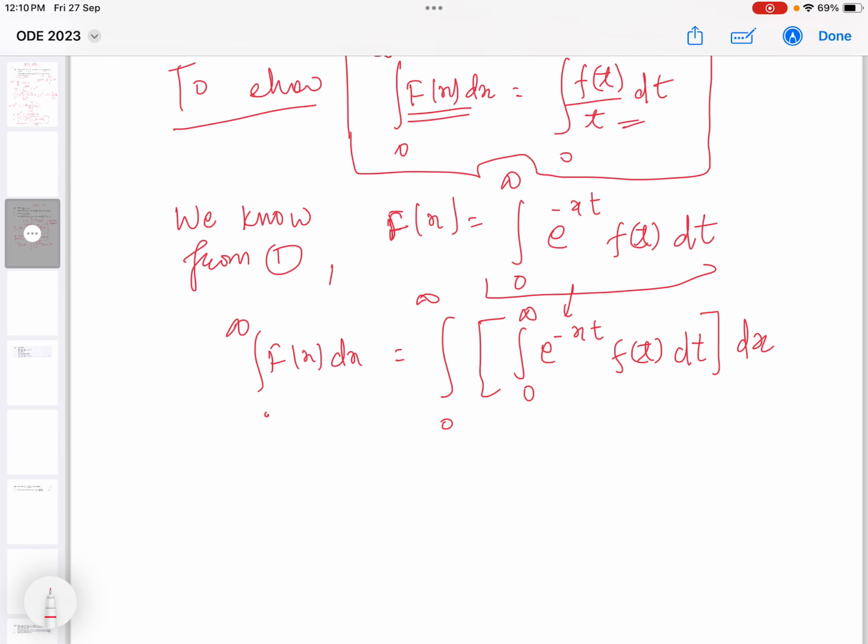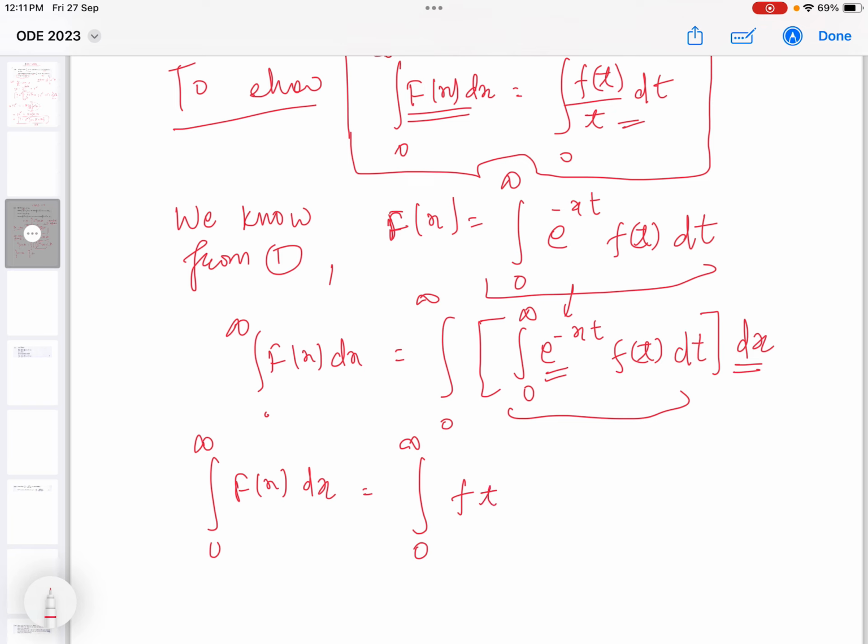Now we have to integrate the whole thing. First we need to integrate with respect to x. With respect to x, t is a constant. So here we can simplify this part as the integration from 0 to infinity of f of t.